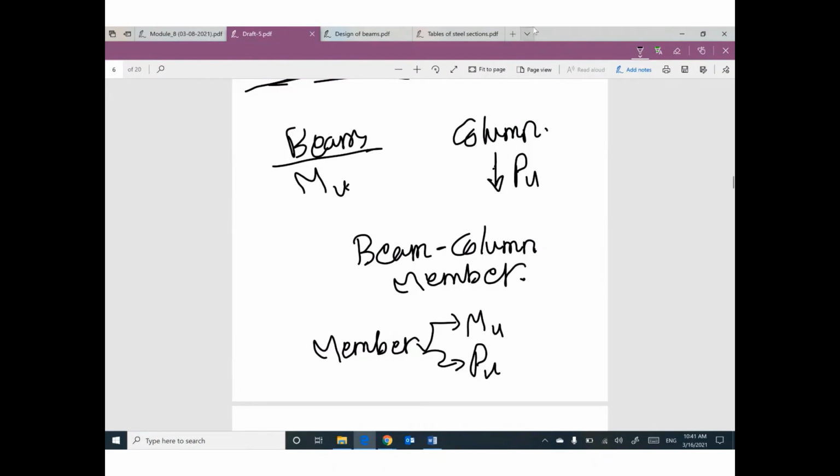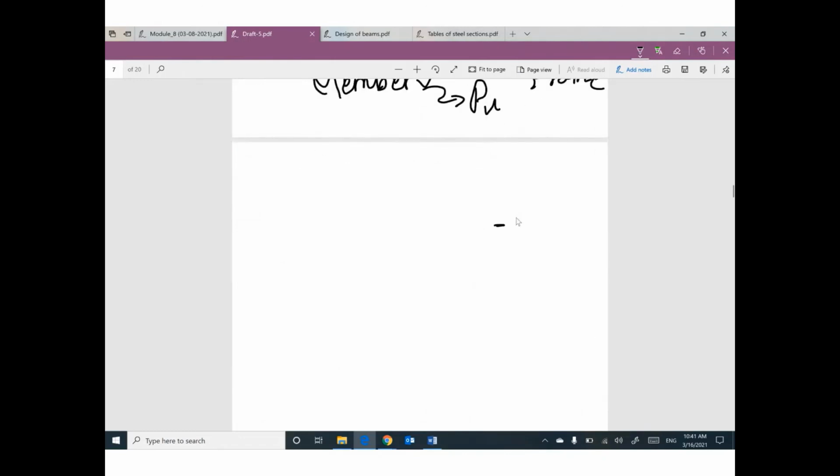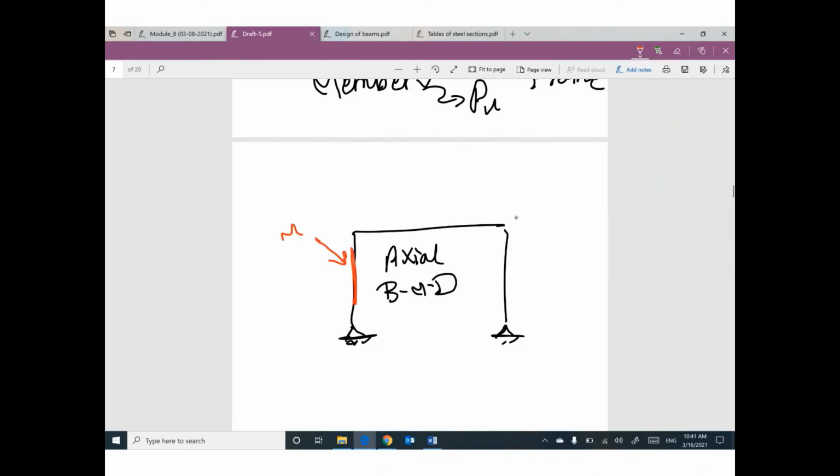This is the case if we have a frame. If you go back to last year's structural analysis, if we have a frame, we can draw the axial force diagram and the bending moment diagram. For this column, for example, you can find the moment and you can find P ultimate, or axial force.